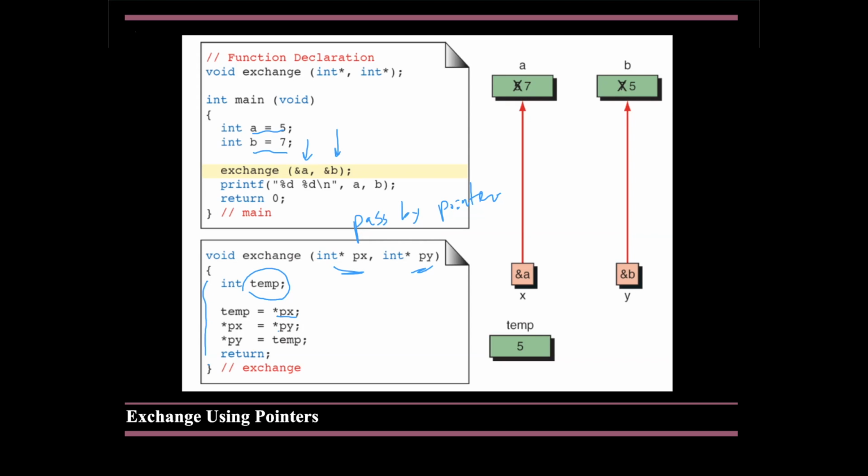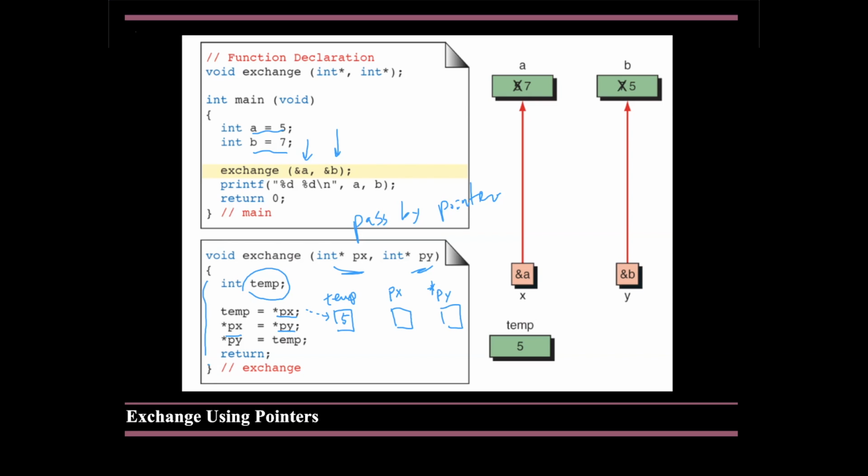By swapping, it's the same mechanism. We have a temp here, and temp stores the dereferenced X. If you dereference X, X used to be A, and A is 5. So this gives us a value of 5 right here, this very first one. Note that we have Px here and also Py.